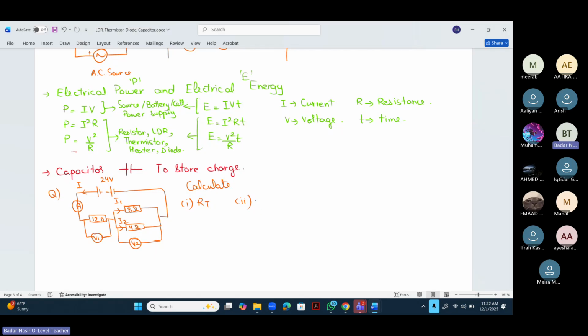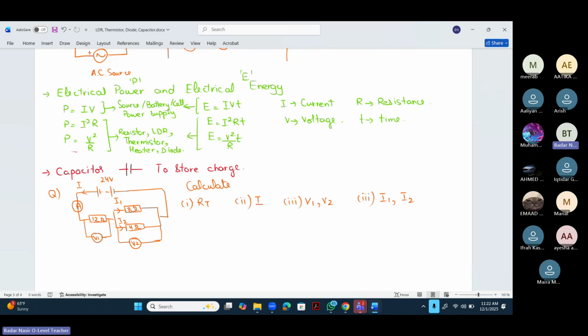The second part is we need to find out the total current in the circuit. We also need to find out the voltages V1 and V2, and we also have to find out I1 and I2.